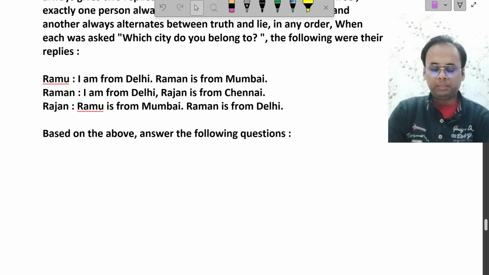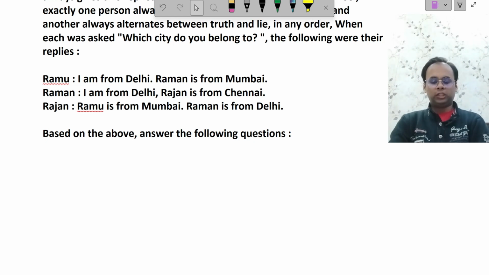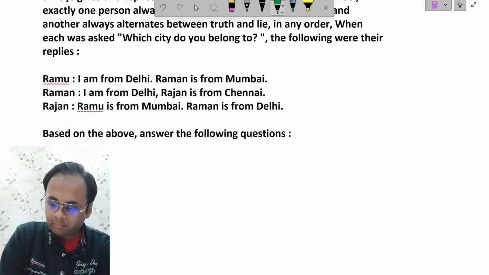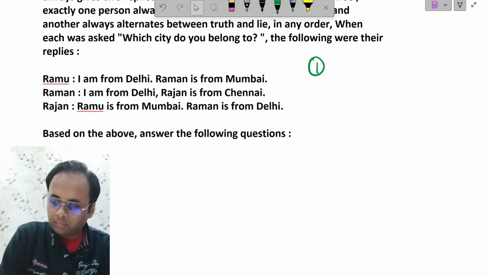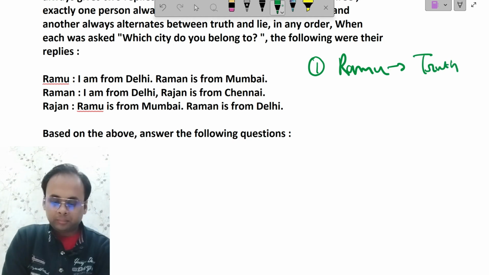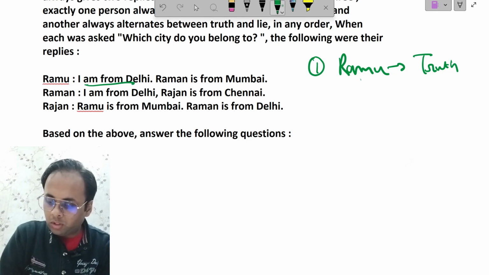Like we have three persons, Ramu, Raman, and Rajan. So let us take case number one. Let me consider that Ramu is telling the truth. So Ramu says two things: that he is from Delhi, so as per this, Ramu belongs to Delhi.